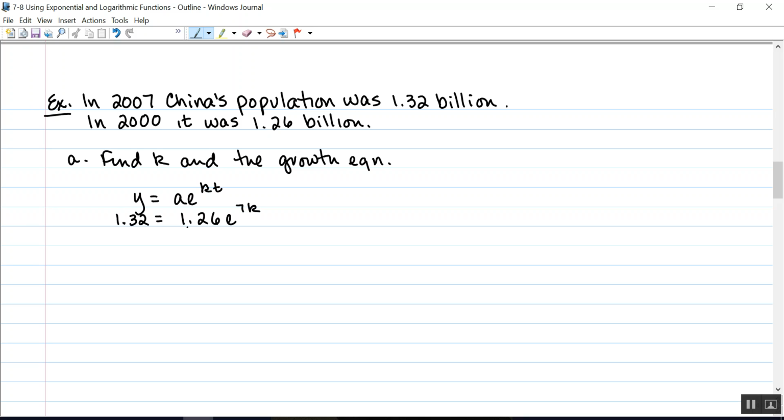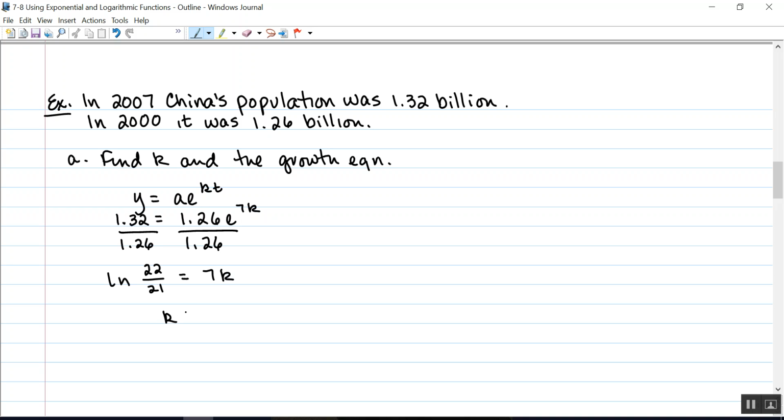Now, I divided both sides by 1.26. I'll go ahead and show this. Using my calculator, that came out to be 22 over 21. You don't always get a nice fraction like that. And if I take the natural log of both sides, taking the natural log of this side will get rid of the e. That's equal to 7k.